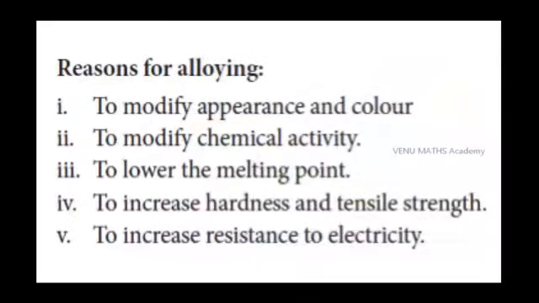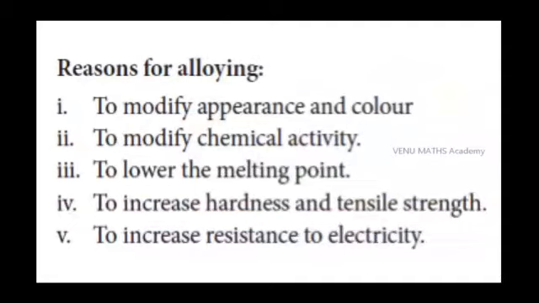Let's learn the reasons for alloying. First reason is to change the appearance and color. Next, to change their chemical activity. For example, let's take iron. Iron will easily undergo rusting.